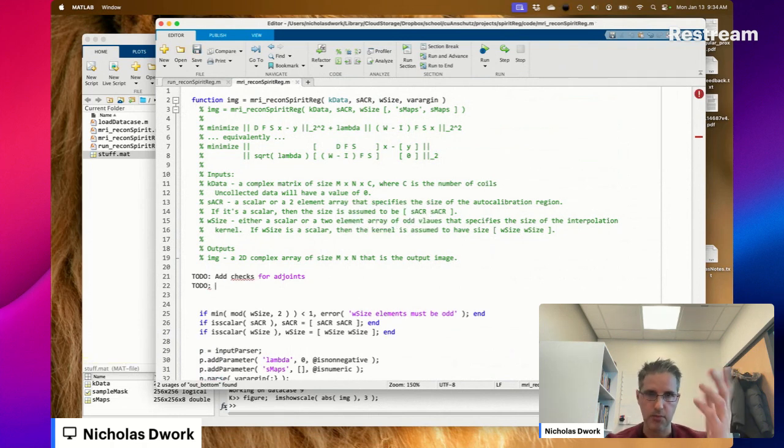The other thing that we're going to do is instead of putting this as a regularization term into the objective function, we are instead going to add it as a constraint with a bound. And that will make it infinitely more usable because no one knows how to choose lambda.